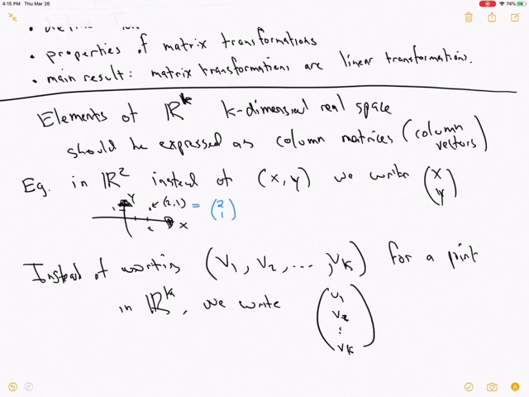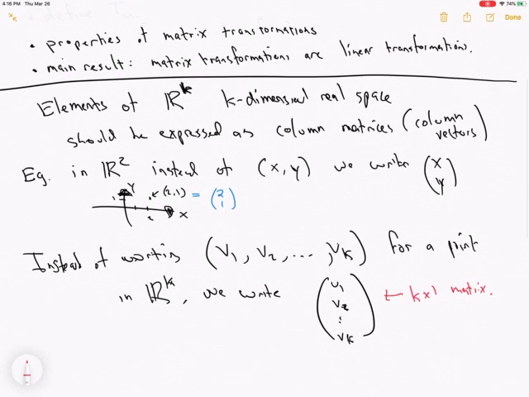So this is, of course, the same thing as a k by 1 matrix. So this thing is a k by 1 matrix. Okay, so that's the first thing we need to set up, is that we're going to express elements in k-dimensional space using columns. And once we have that set up, it's immediate how we can define a function using matrices.